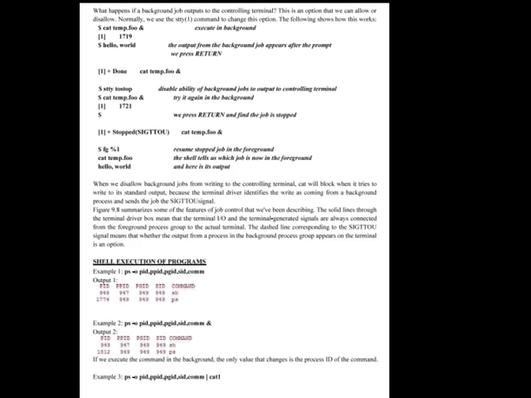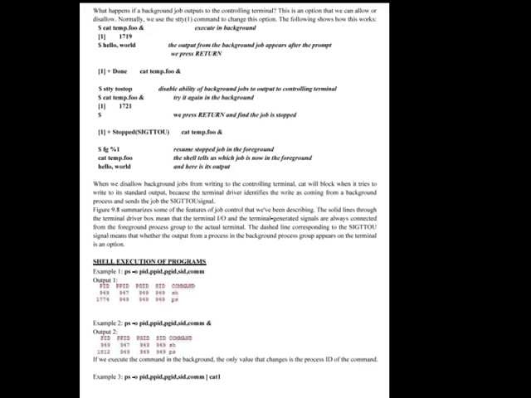The solid lines through the terminal driver box mean that the terminal input, output and terminal generated signals are always connected from the foreground process group to the actual terminal. The dashed line corresponding to the SIGTTOU signal means that whether the output from a process in a background process group appears on the terminal is an option.